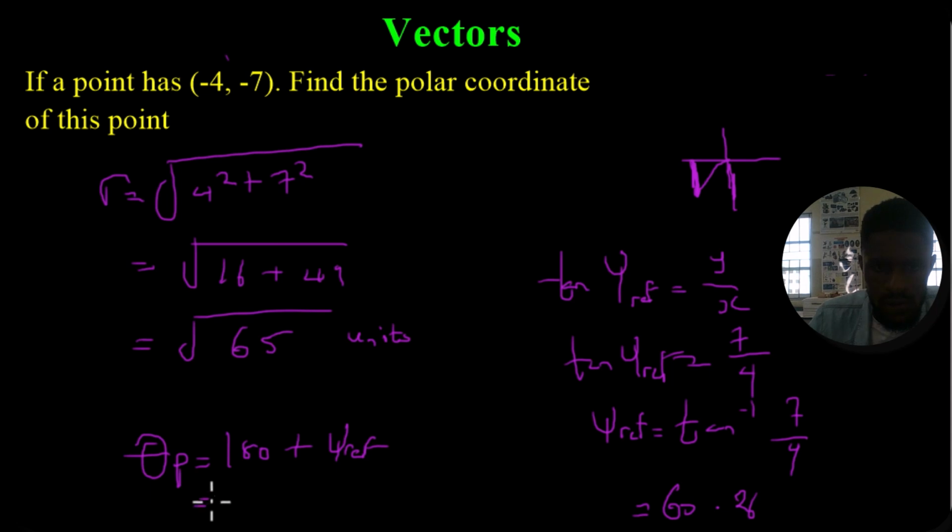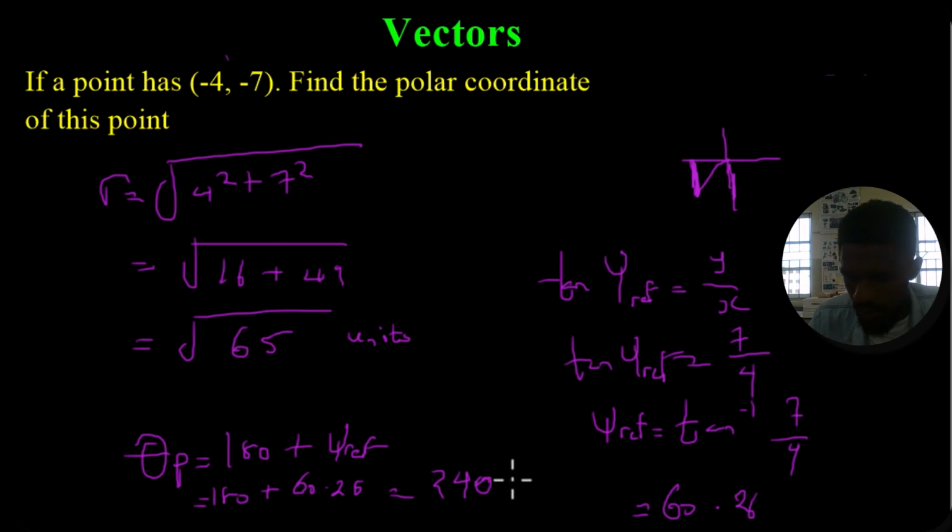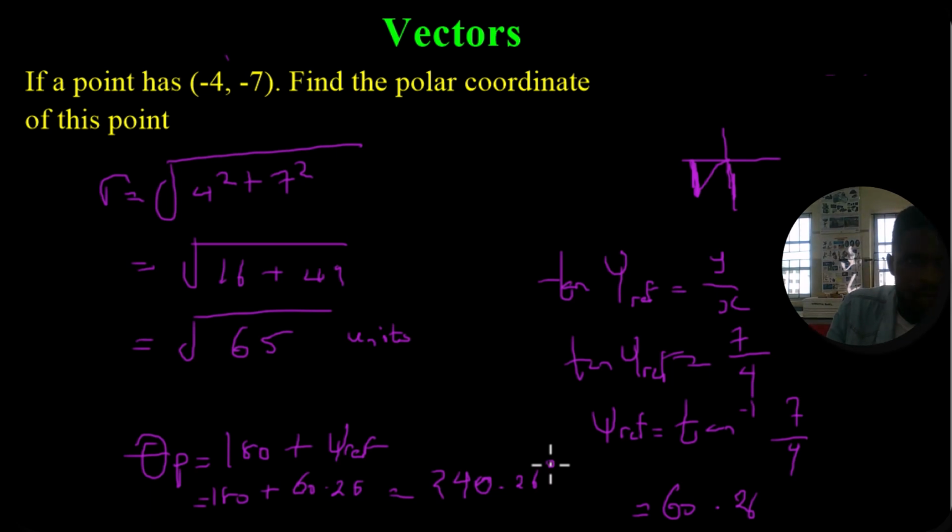So this is simply 180 plus 60.26, and that's 240.26 degrees. All right, so this is our final answer. I hope this makes sense.